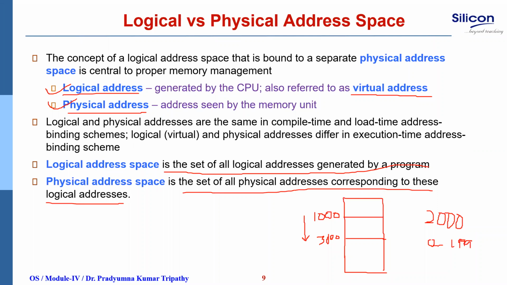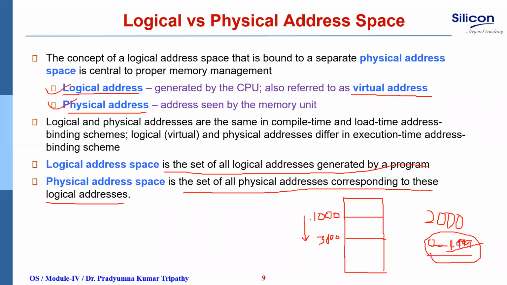This is the range of addresses that can be generated by the processor. Correct. So this is the set of addresses generated by the processor, which is the logical address.